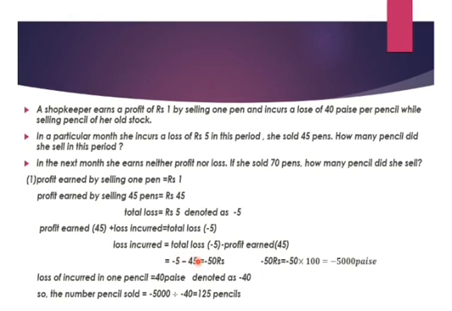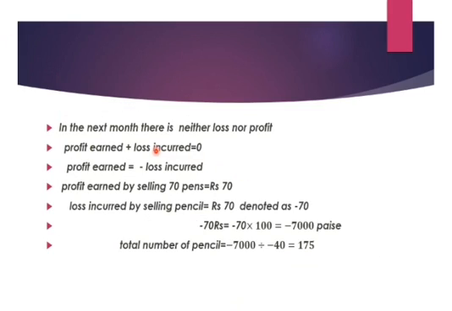Both of them are negative integers, so we add the numbers and put the negative sign. We get minus 50 rupees, which means minus 5000 paisa. Then for one pencil the loss incurred is 40 paisa, denoted as minus 40 because it is a loss. Then the number of pencils sold is minus 5000 divided by minus 40. Both of them are negative integers. We get 125 pencils.